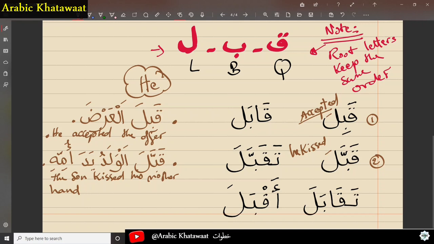So he met or meet. The meaning in the infinitive English translation is accept, kiss, and then meet. تقابل requires two people accomplishing this action of meeting.